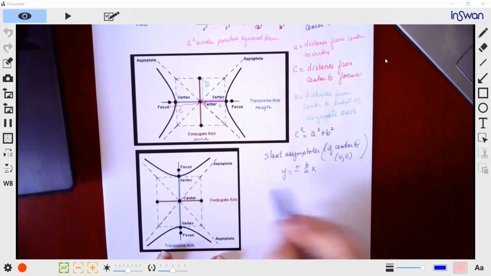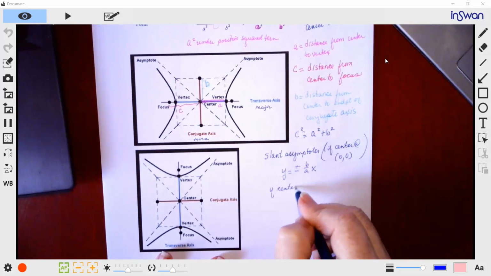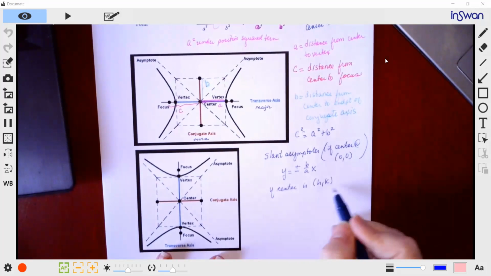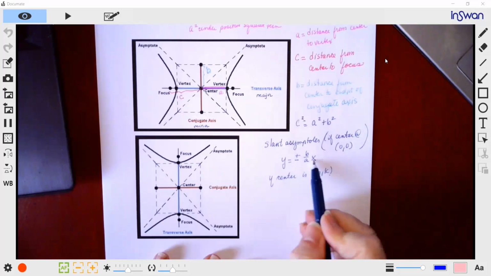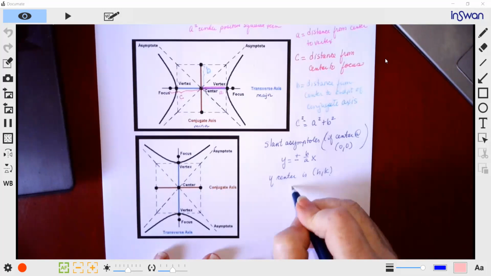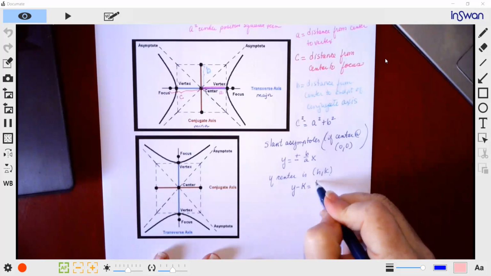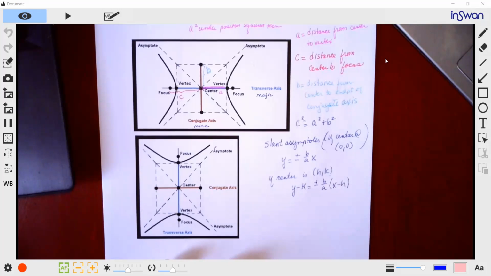Now, if you move the center, so like we have (1, 3) or (2, 5) or something like that, you just replace y with y minus k and x with x minus h, just like you do shifts generally. So it'd be y minus k equals plus or minus b over a times x minus h.